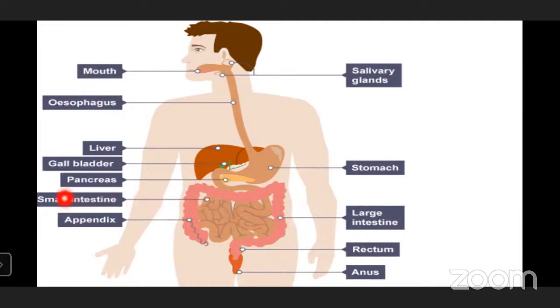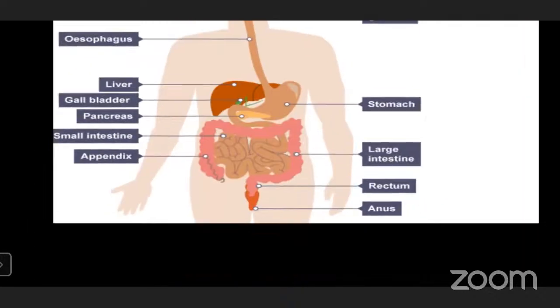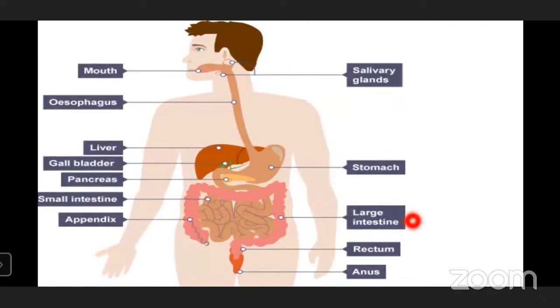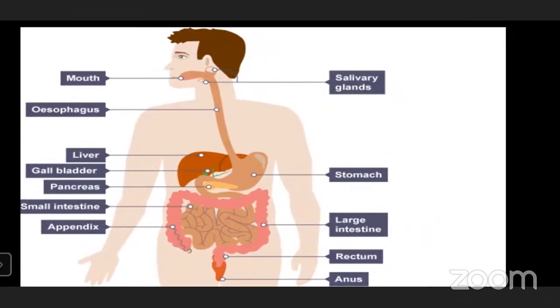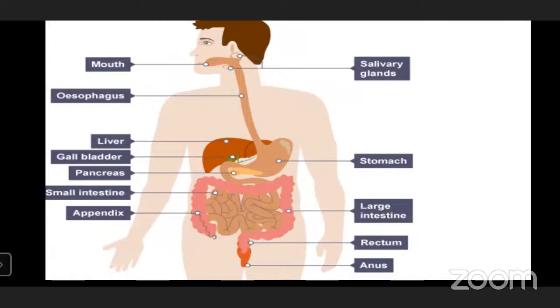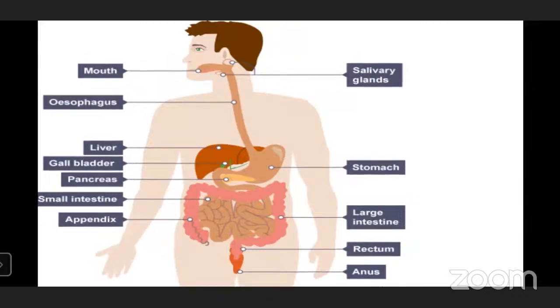Yes, small intestine, appendix, large intestine, and this one is rectum and anus. Okay, so this is the human digestion system.